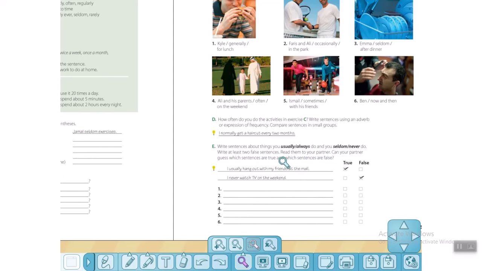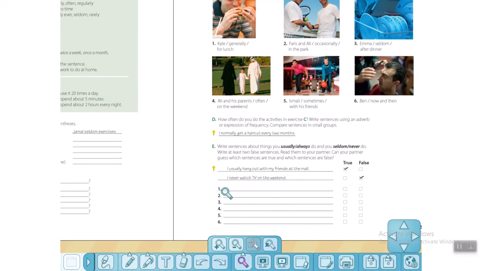Guess which sentences are true and which are false. For example, I usually hang out with my friends at the mall. I never watch TV on the weekend. Someone wrote these sentences about himself. The first one was true and the second one was false.